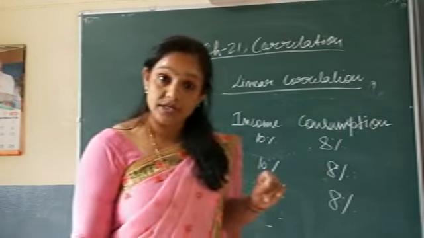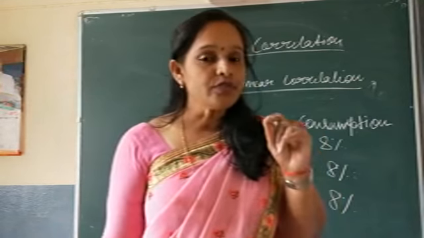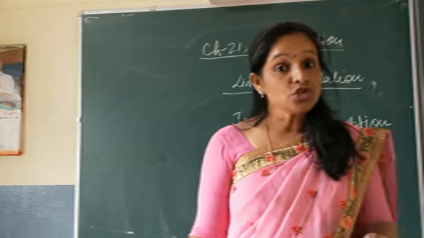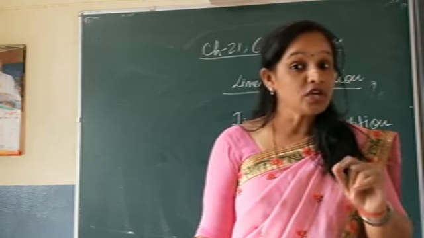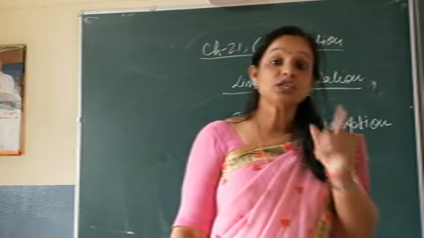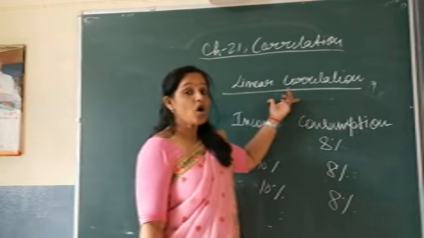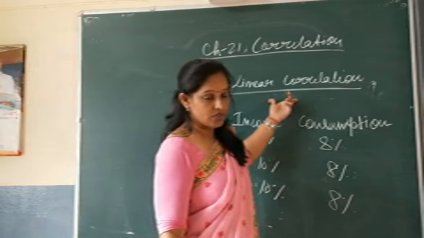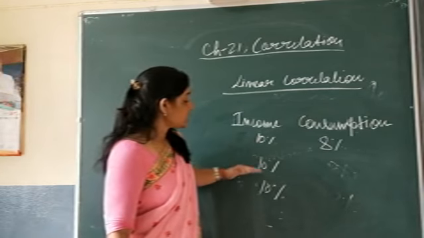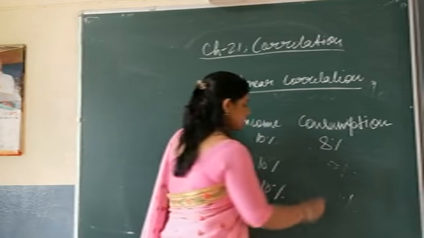On the basis of the ratio of variation of variable, variation means changes, if the ratio of variation is constant every time, then we call it linear correlation.